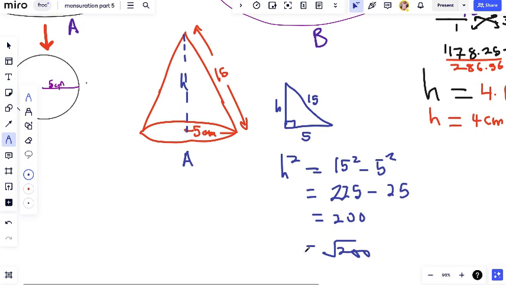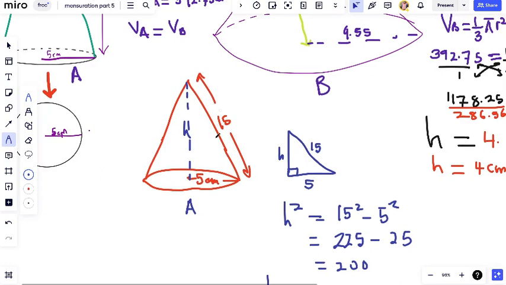So h would have been 14.14, and we would have used 14.14, or approximately 14, to calculate the volume, if the question was like this.